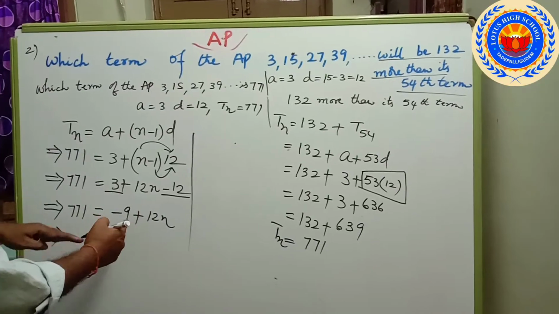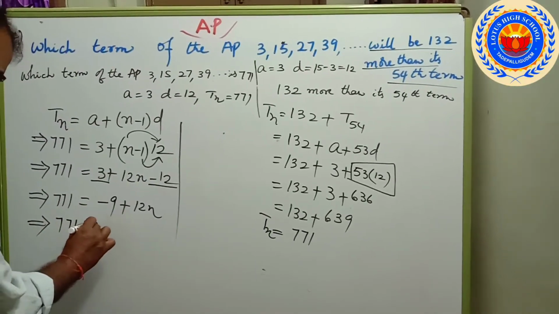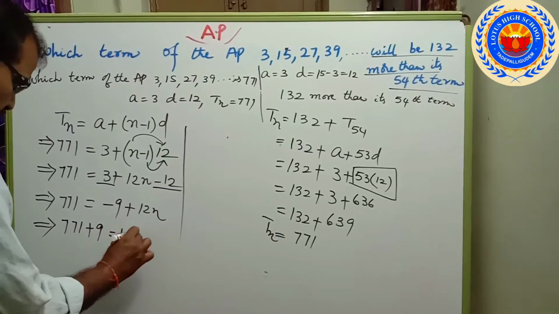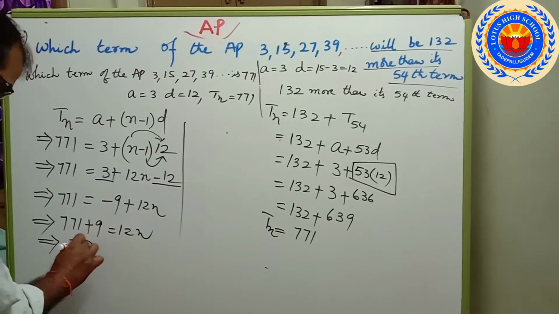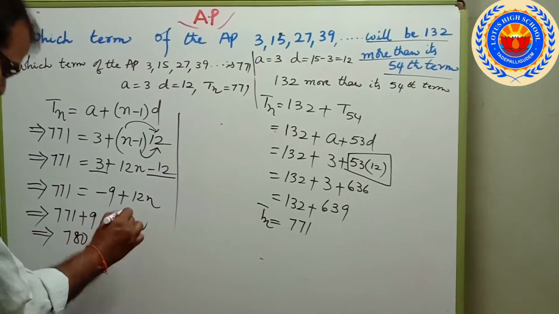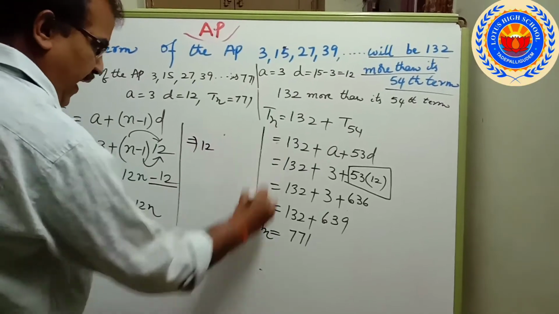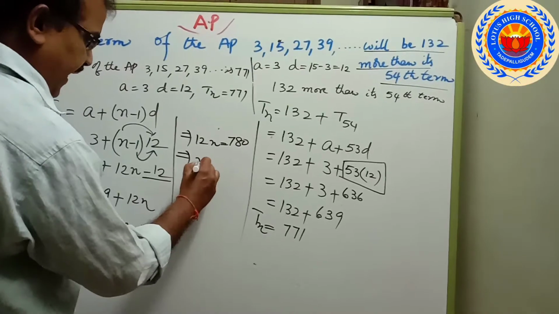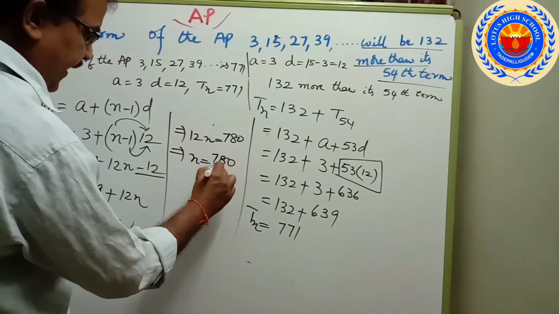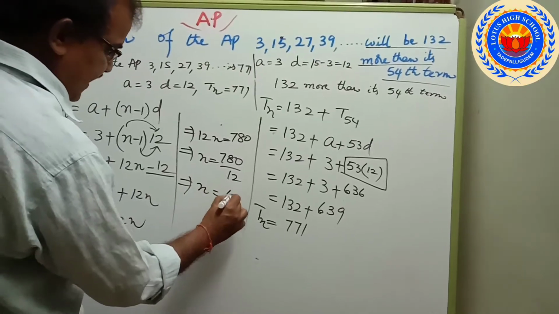Minus 9 will be transposed to that side, plus 9. 771 plus 9 is equal to 12n. That is 780 is equal to 12n. That is 12n is equal to 780. That implies n is equal to 780 by 12. That implies n is equal to 65.